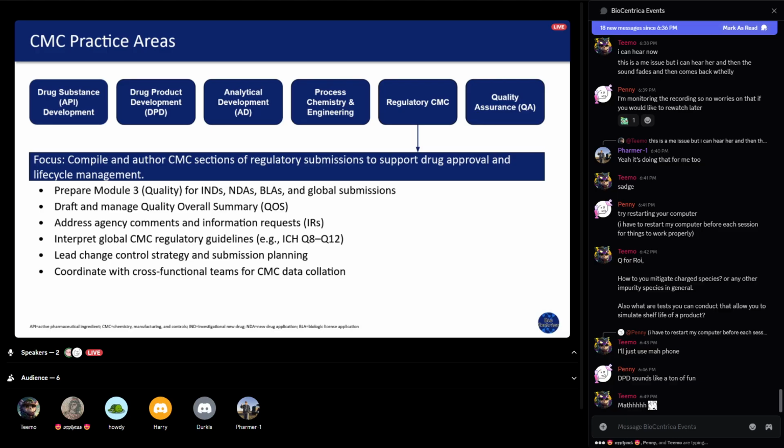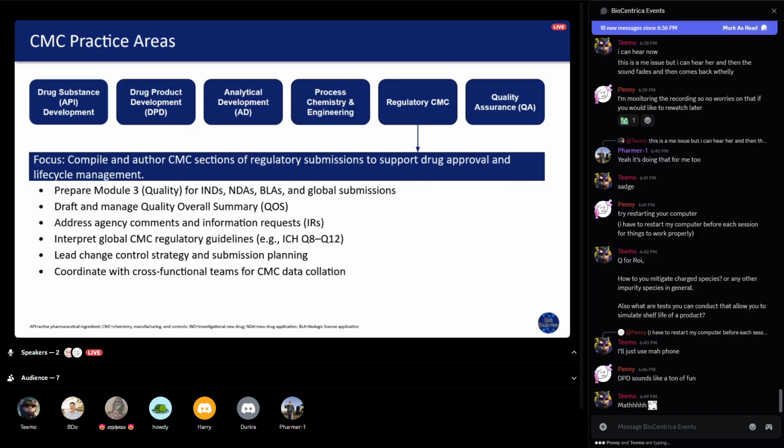These are going to be the ones who do the regulatory submission for drug approval, life cycle management. They specifically prepare this Module 3. Module 3 in an NDA, BLA, IND submission for United States at least, it's pure quality. Okay, that's the only thing that they're really going to be looking at.